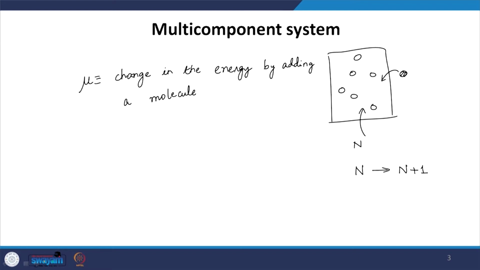Now, as such, the idea of chemical potential is also valid for a one component system. Let us say I add a water molecule to a glass of water, so that water molecule must be carrying some energy as it comes in. However, provided that the properties of that water molecule are the same as all the other water molecules in the container, that change is simply adding to the volume of the system.